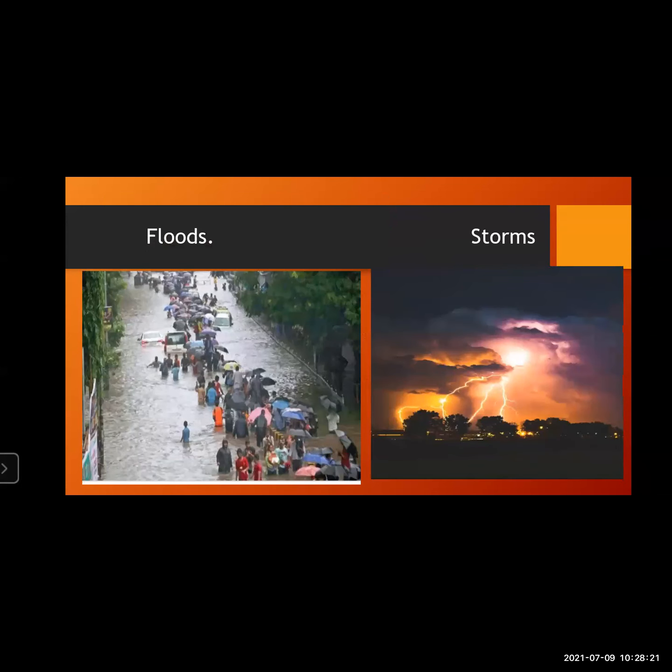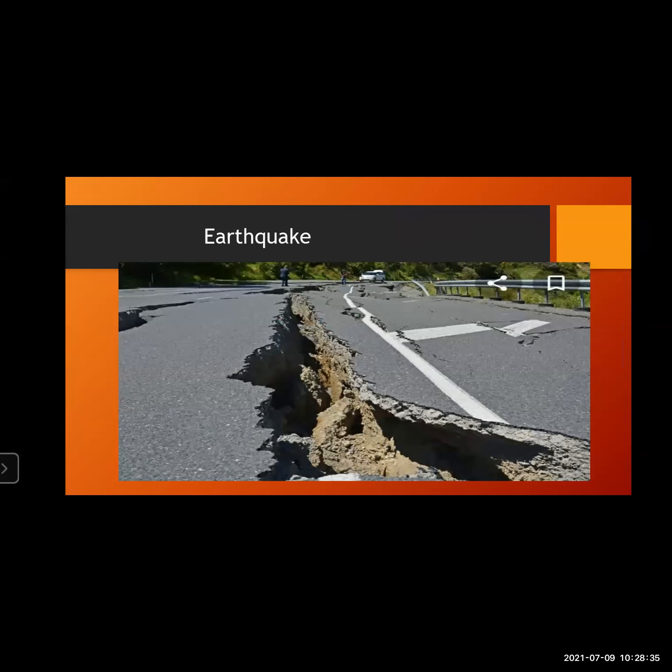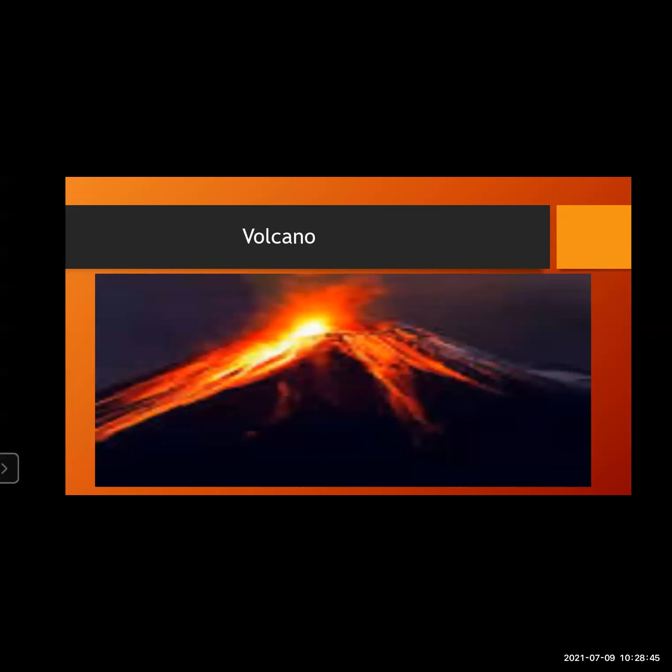What we have seen, what types are created, natural disasters are there. Natural disasters we have already learned. Floods are there, storms are there, snowfall is there, rainfall is there. Now, in this particular lesson, we are going to learn basically about endogenetic movement, so earthquakes and volcanoes.